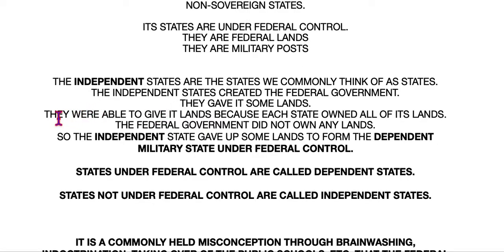They were able to give it lands because each state owned all of its lands. The federal government did not own any lands. So the independent states gave up some lands to form the dependent military state under federal control.